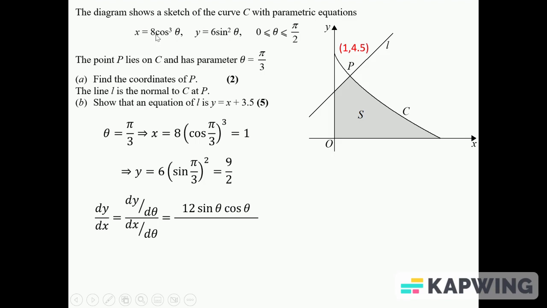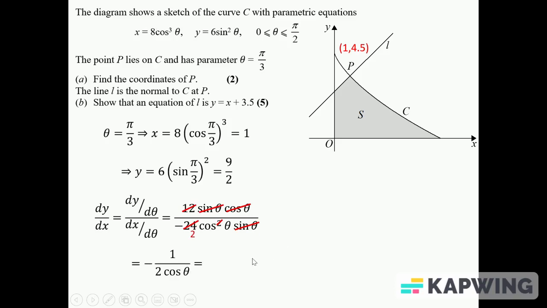The x differentiated, the 3 will go in front again, which gives me 24. I'll have cos squared, then I'll need to multiply by minus sine, because that's what cos theta is differentiated. So I'll have minus 24 cos squared sine theta. I can do a bit of cancelling, get rid of the sines, and a cos off the top and the bottom, and the 12 and the 24.